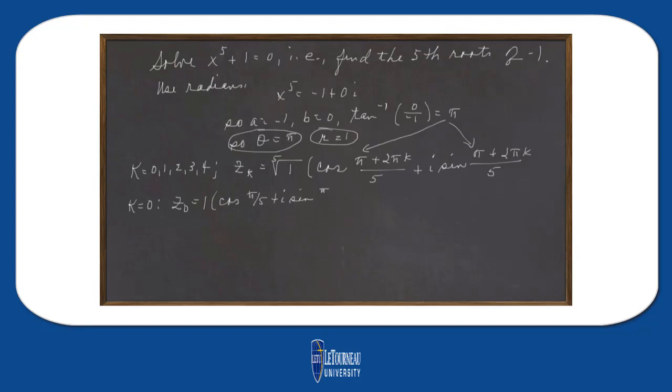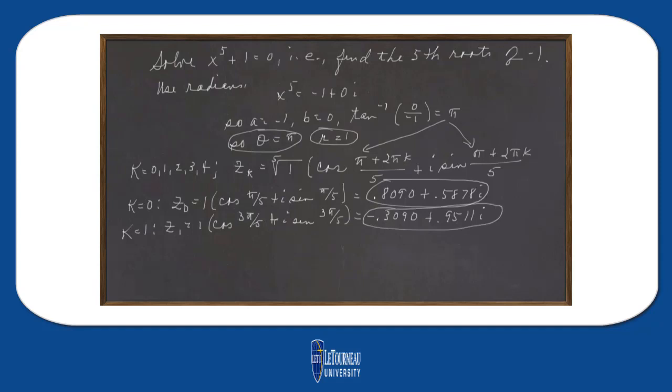So we'll start with k equaling 0. When k equals 0, notice how we've plugged in, then used our calculator, and there's the first fifth root. Now, we take k equal to 1. Pi plus 2 pi is 3 pi over 5, so you can see how we're getting those angles.